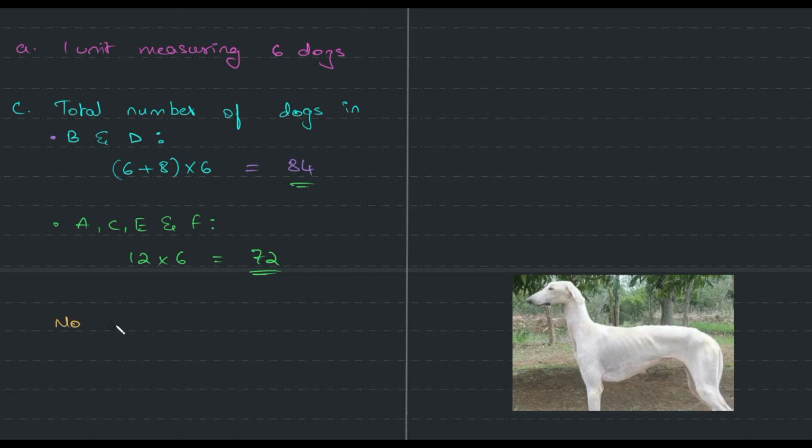So no. Villages B and D have 12 more dogs than the remaining 4.